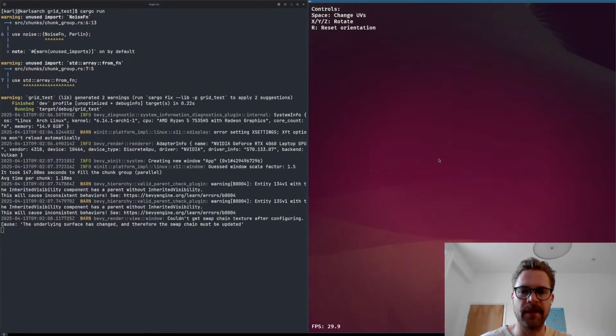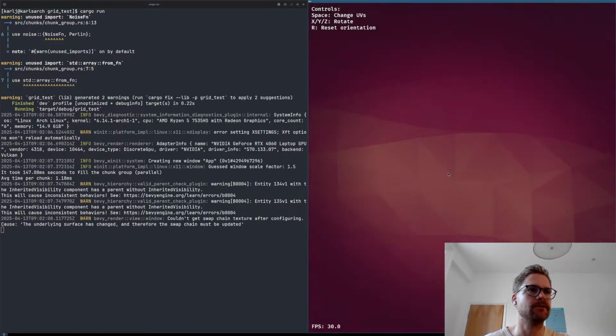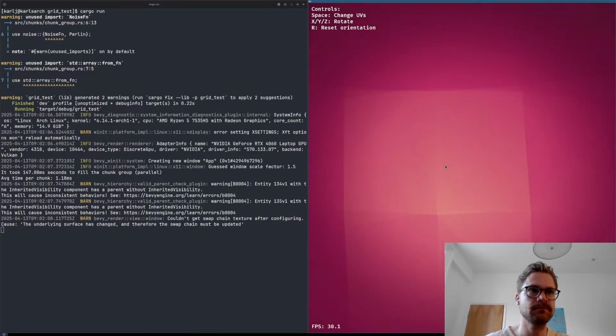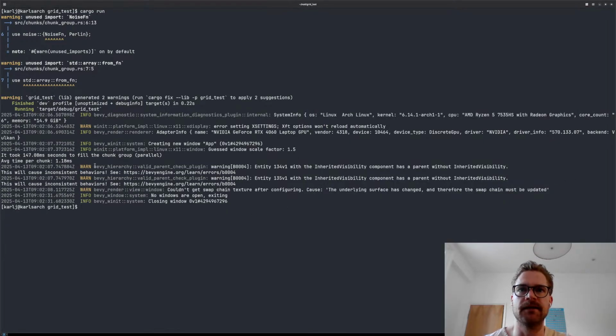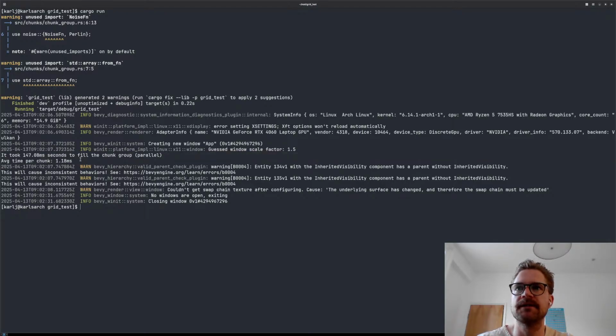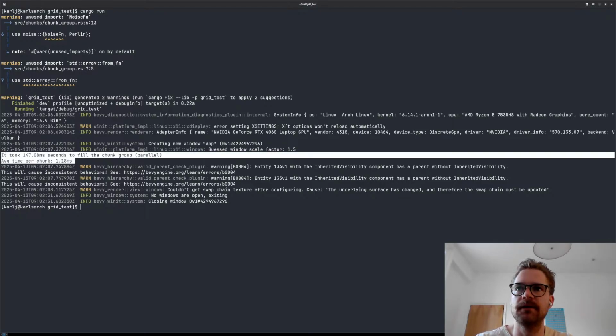Anyway, something that's really cool is that yesterday I optimized how long this takes to run the chunk generation.